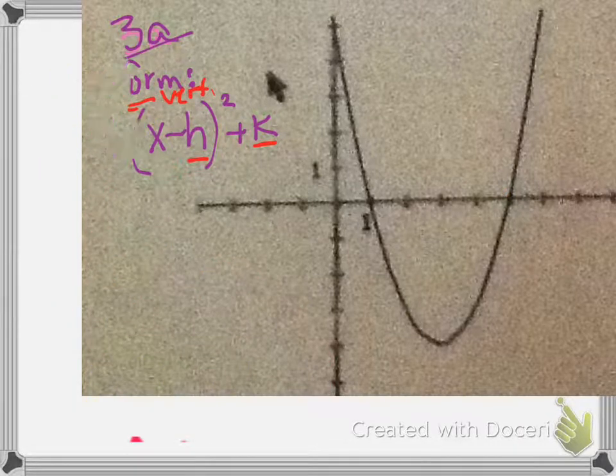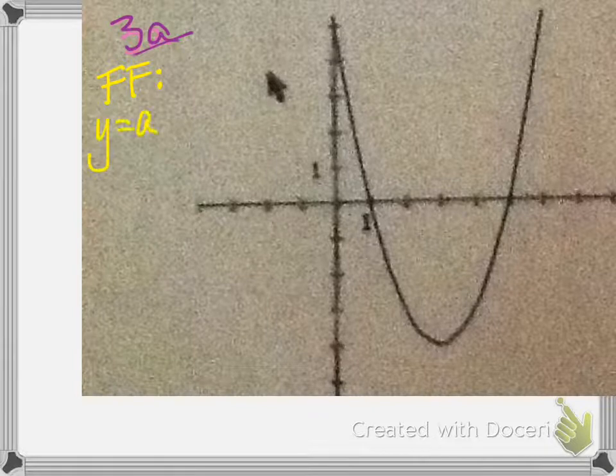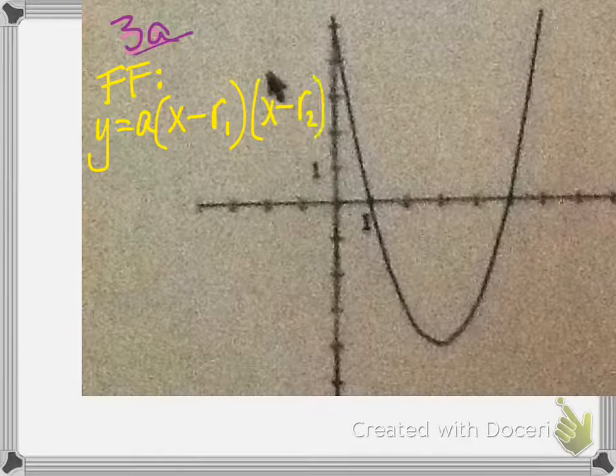So, factored form, there we go, FF, factored form, is y equals your a, so I could take the a from vertex form, which was just a 1, times x minus your first root times x minus your second root. Well, where do we find our roots? Those are our x-intercepts.